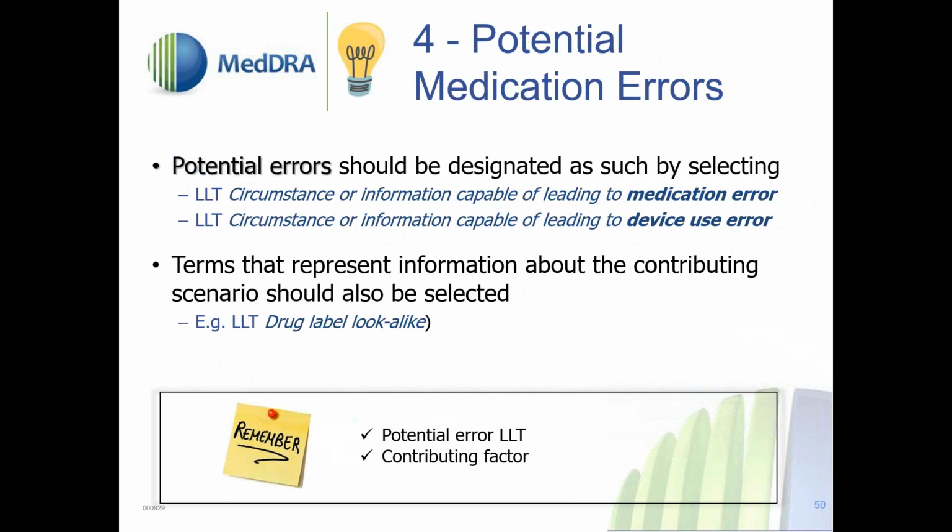So depending on your local requirements, do not omit such information, but capture all relevant information when receiving similar verbatims and code both the potential for an error by selecting one of these PTs and also code the contributing factor or factors.